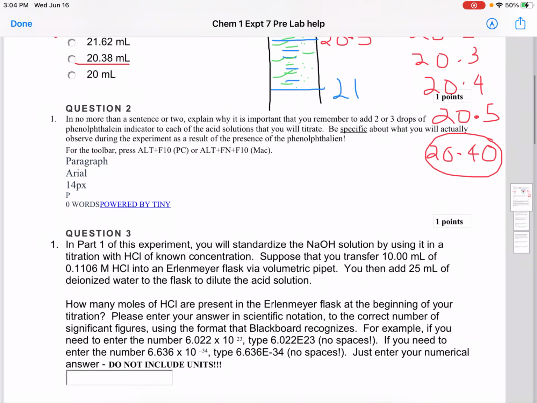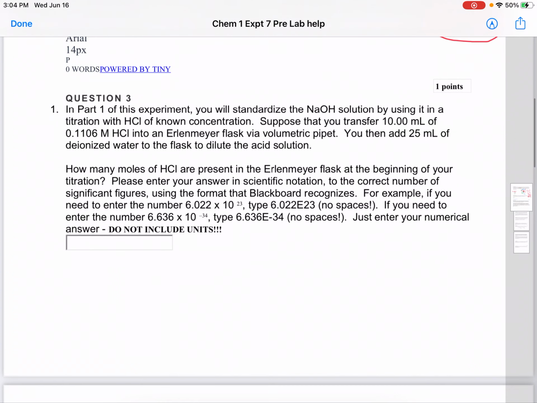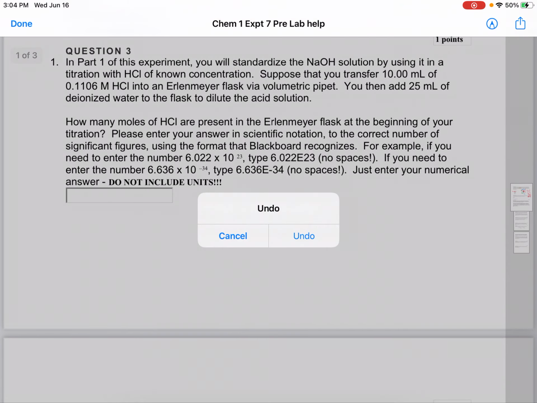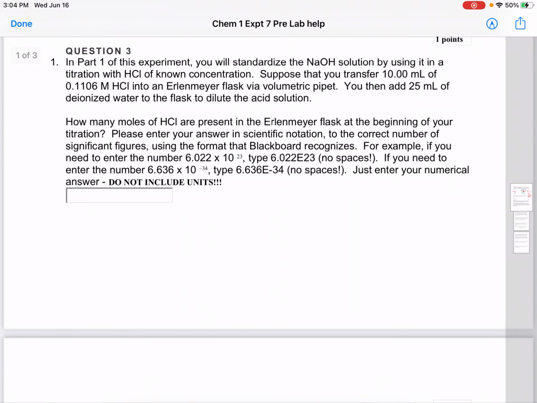Question number 3. In part 1 of this experiment, you will standardize the sodium hydroxide solution by using a titration with hydrochloric acid of known concentration. Suppose that you transfer 10 milliliters of 0.1106 molar hydrochloric acid into an Erlenmeyer flask.